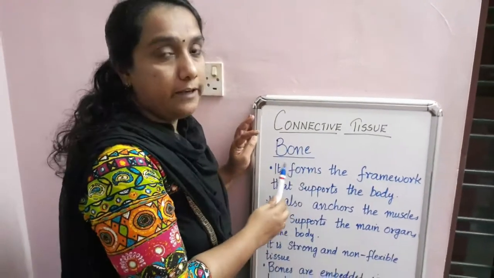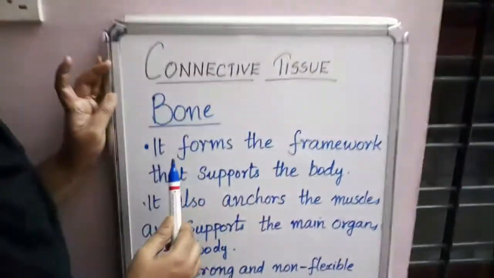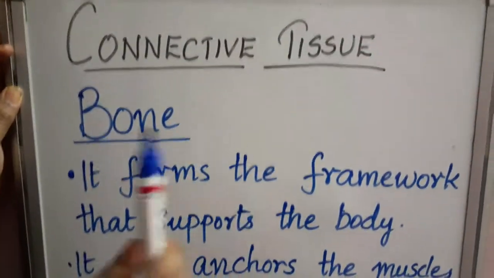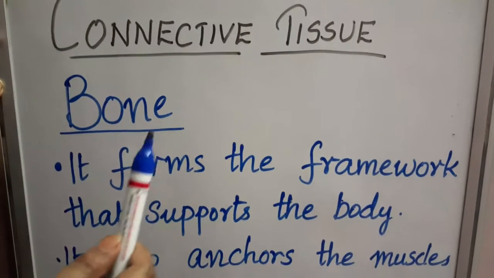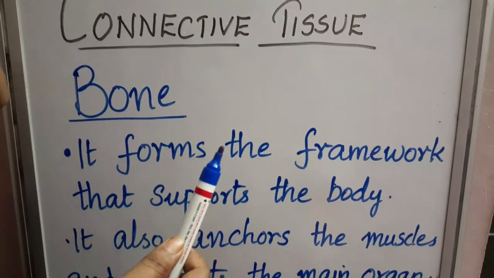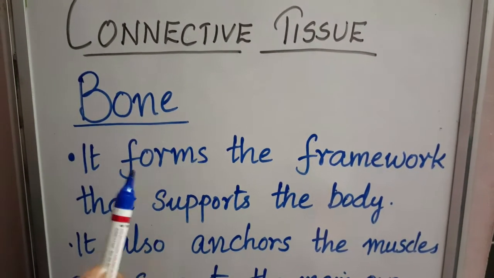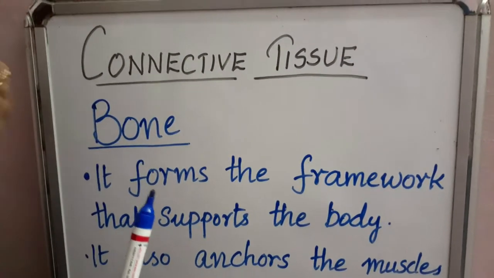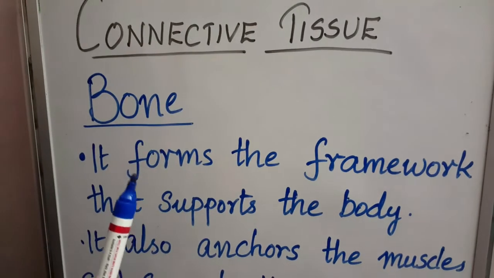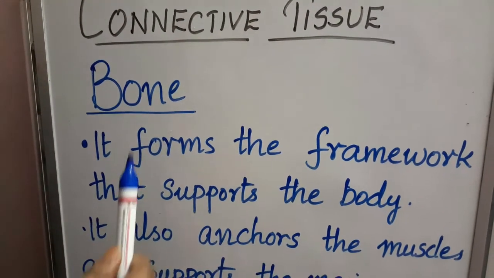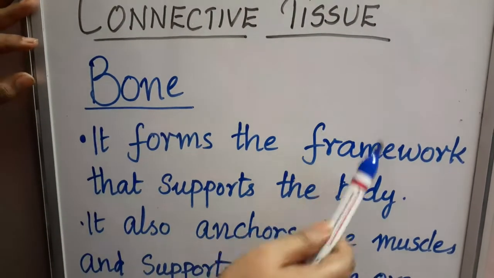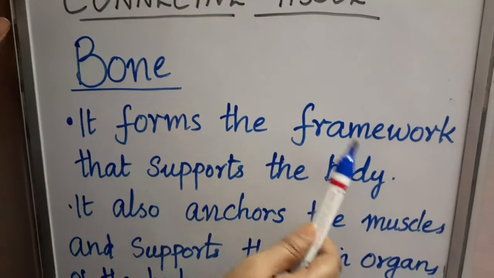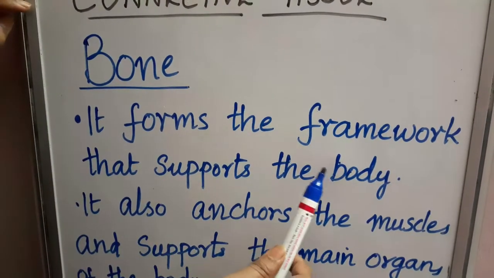Bone forms the framework that supports the body. If bones were not there, we could not stand straight. Like a building has a framework of metal and steel, in our body our framework is bone. It supports the body.